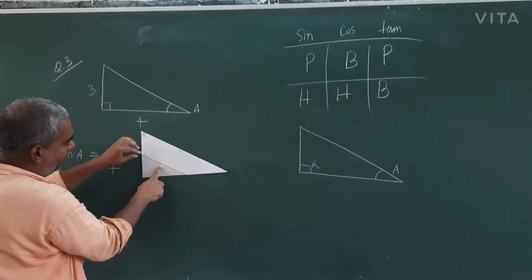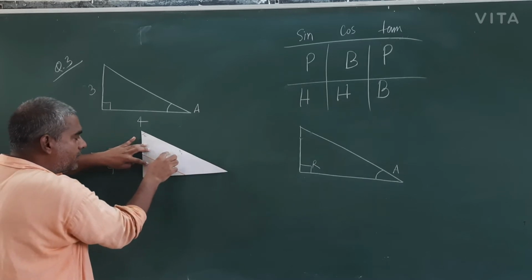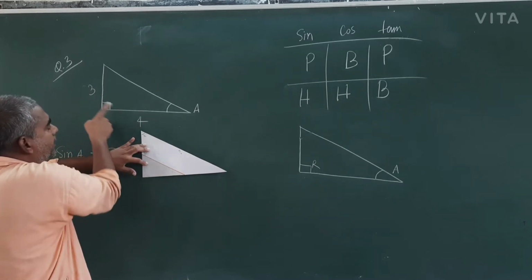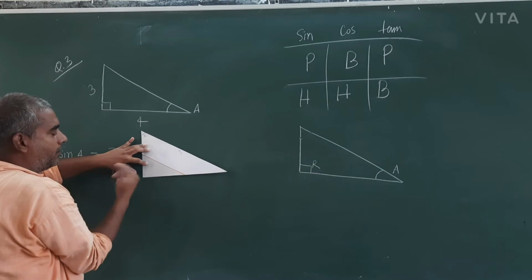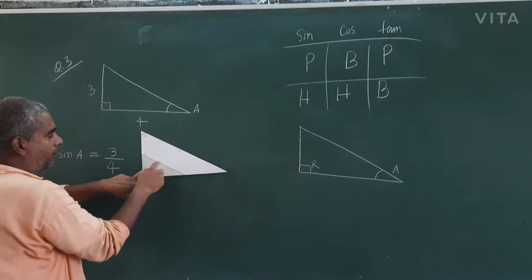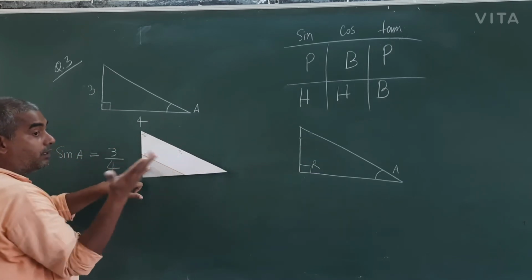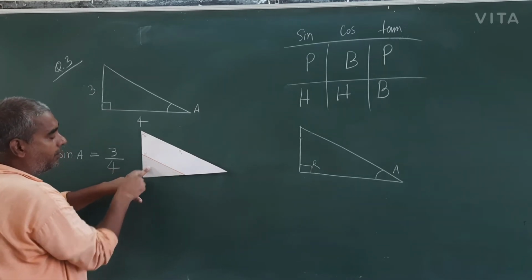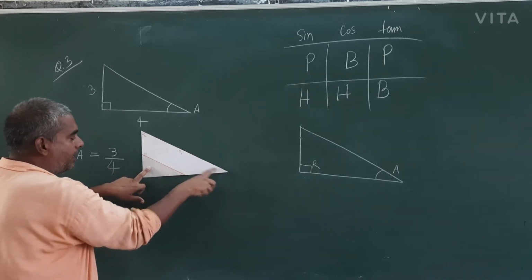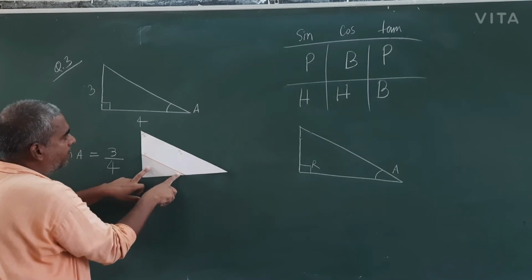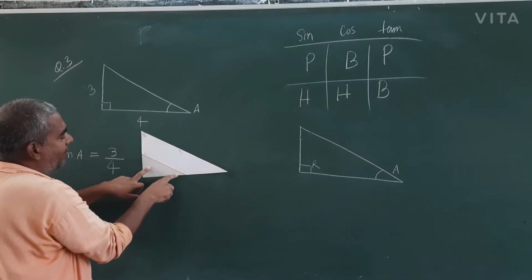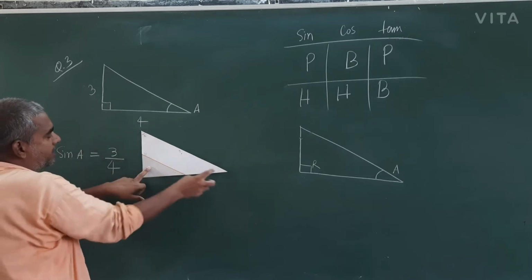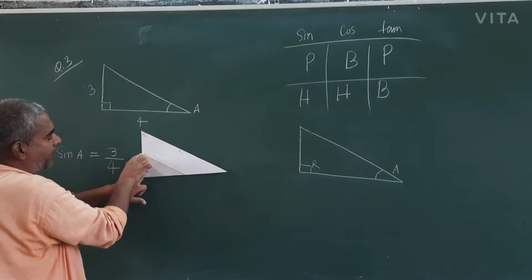So whether I am talking about this triangle or this triangle, we don't know because we have been given only the ratio. We cannot find any values, any lengths, but we can find the ratio. And 3 upon 4 means, with respect to A, this is the perpendicular, this is the base.